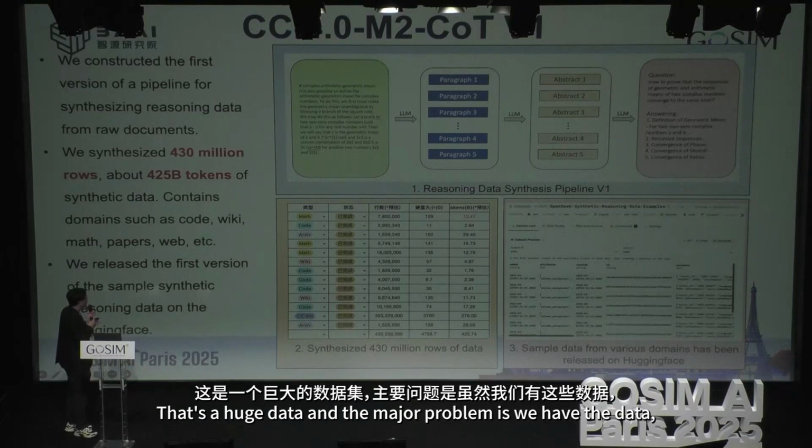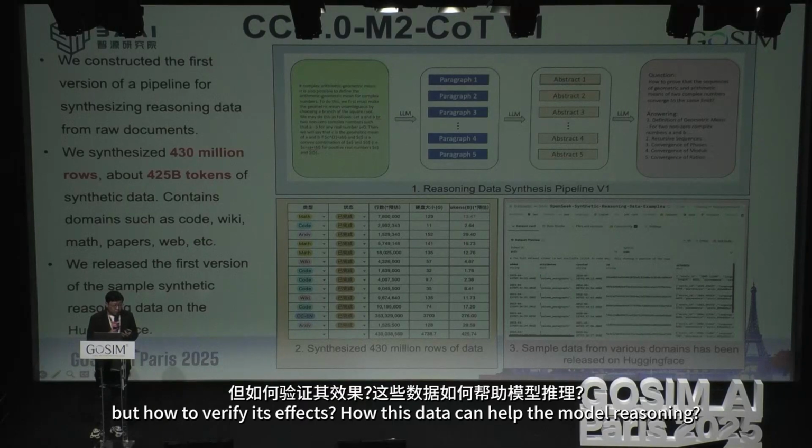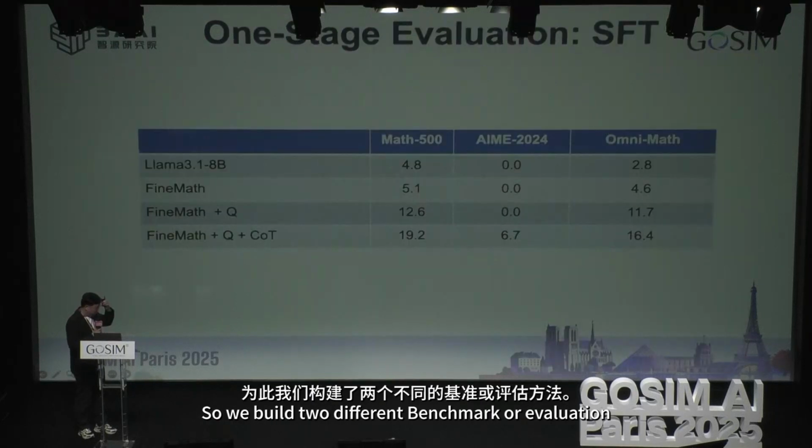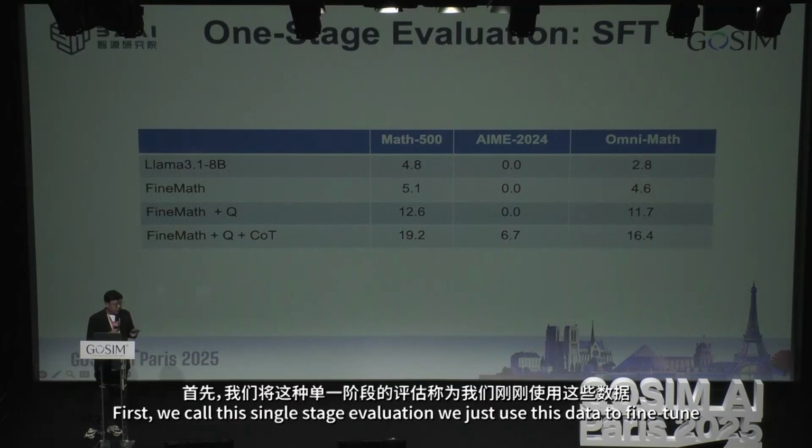That's a huge amount of data, and the major problem is we have the data, but how do we verify its effects, how this data can help the model's reasoning. So we built two different evaluations. First, we call it single stage evaluation.